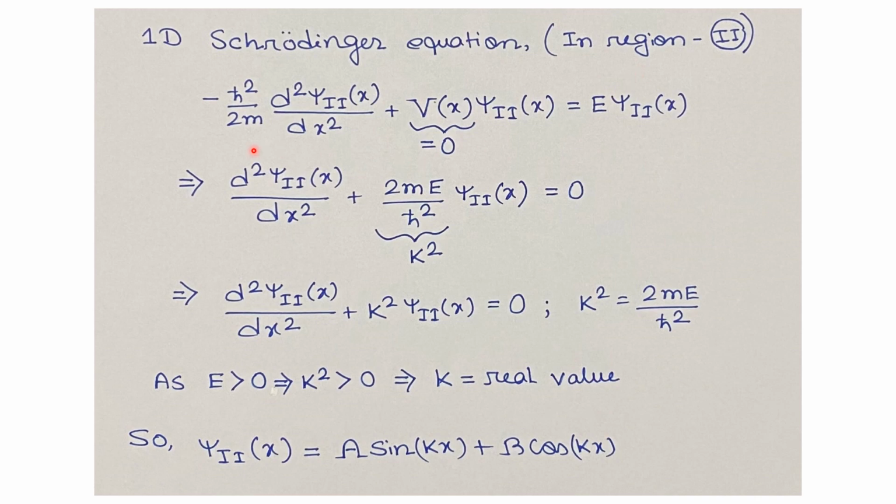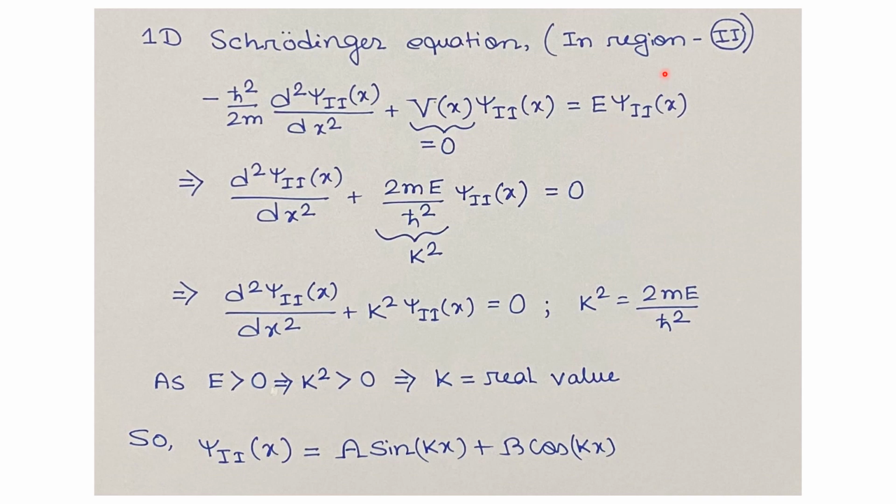The one-dimensional Schrödinger equation is given by minus h cut square by 2m times d square psi 2 of x by dx square plus V of x times psi 2 of x, where V of x is the potential in that region, equals E times psi 2 of x, where E is the energy of the particle.